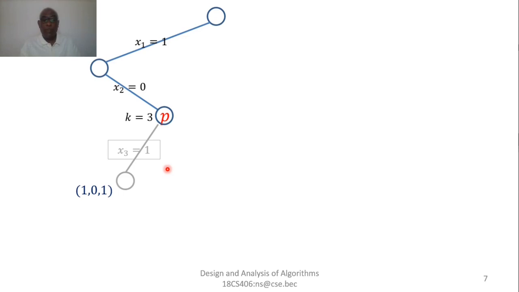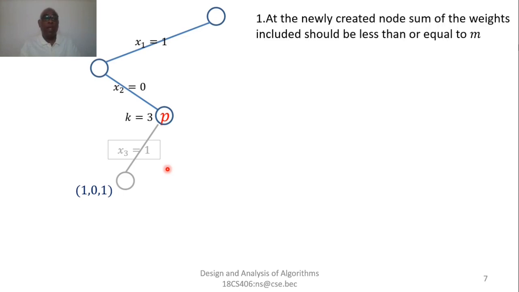So this can be expressed mathematically as, at the newly created node, the sum of the weights included should be less than or equal to m. So it says sigma i equal to 1 to k, because the partial solution is x1, x2, up to xk, sigma i equal to 1 to k, xi wi should be less than or equal to m.